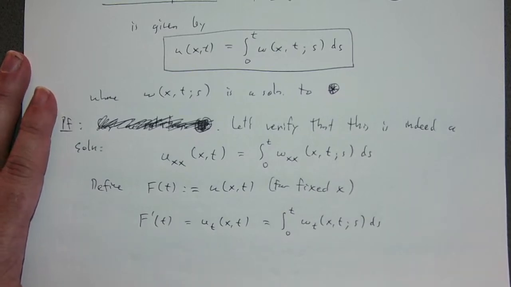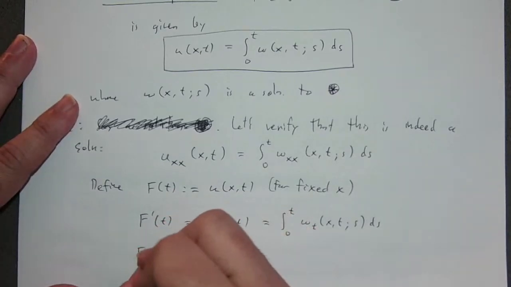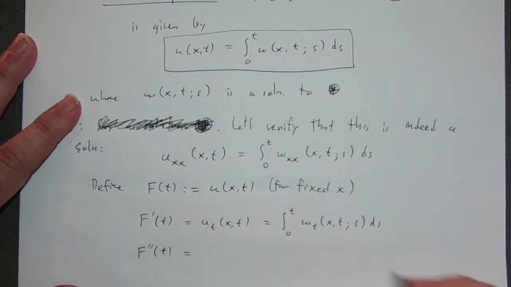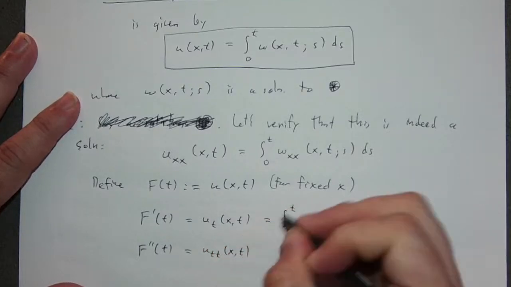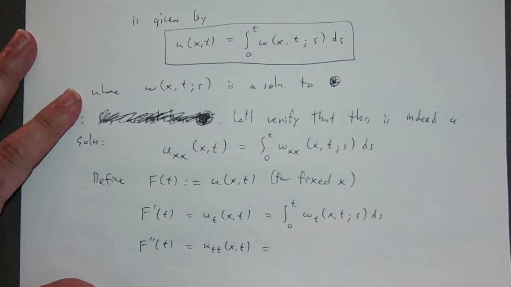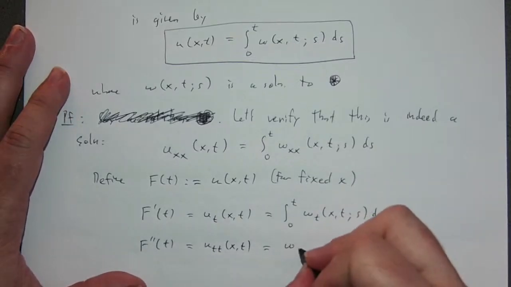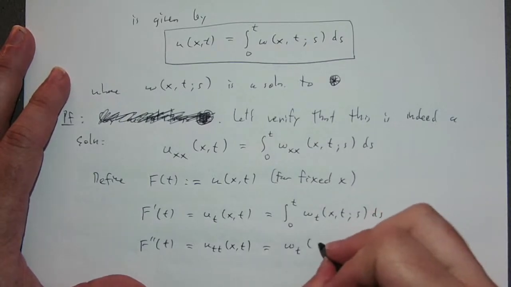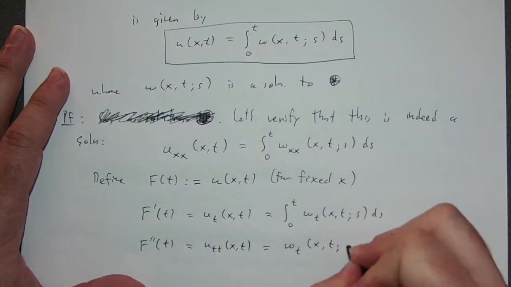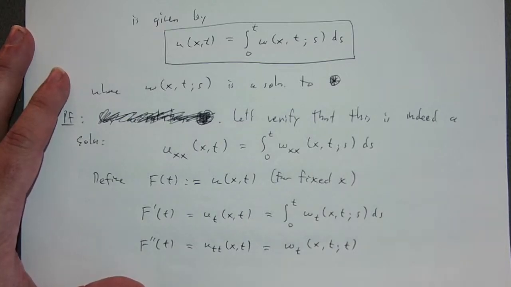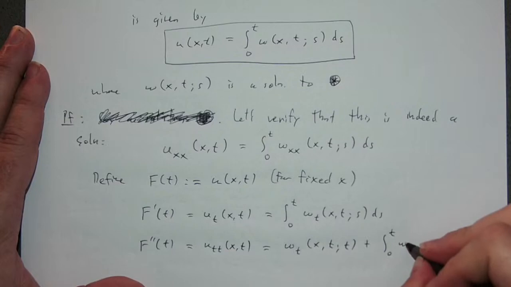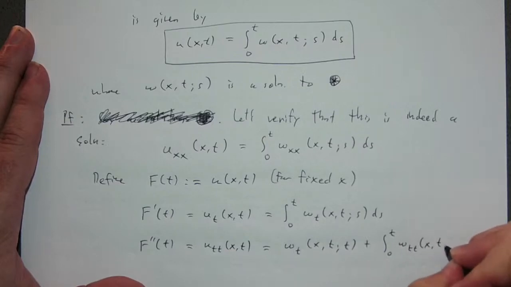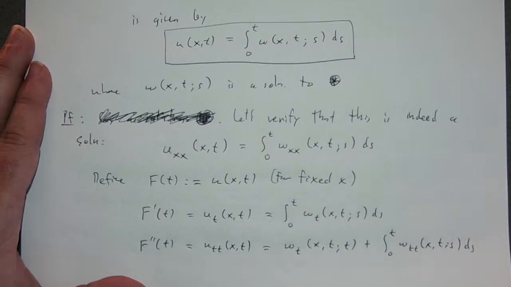Using that same property yet again, what is the second derivative of this thing with respect to t? This is u sub tt (x,t), which is w sub t (x,t,t) from our Leibniz rule theorem that we just invoked, plus the integral from 0 to t of w sub tt (x,t,s) ds.